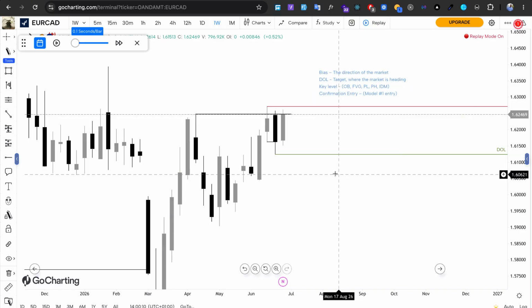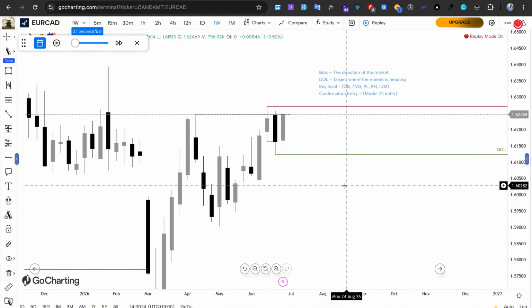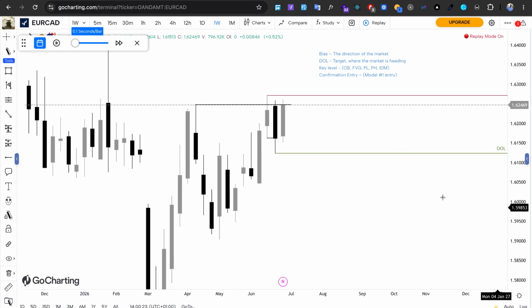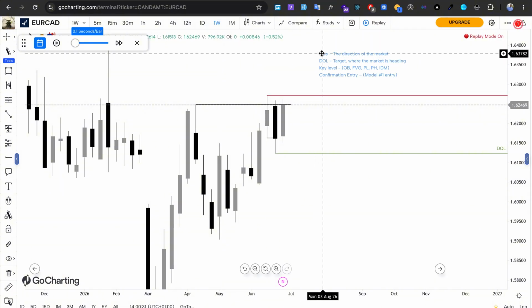Right? So, not being greedy, the market will present opportunity. You can be taking the micro range and entering the trade till you get to this DOL that you think the price is going to get to in the long run, right? So that's that from the weekly. From the weekly we are able to get a bias.